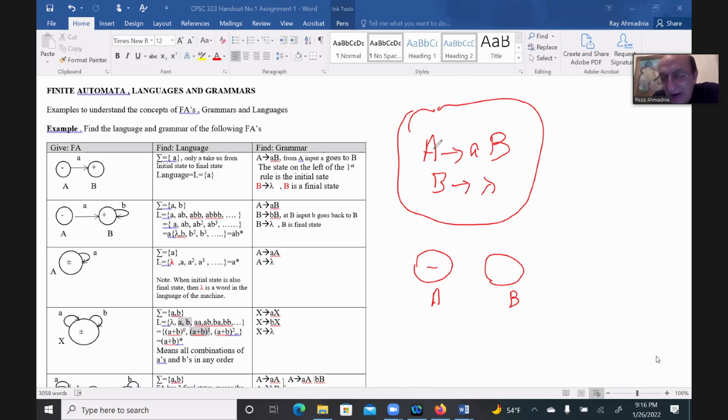This grammar tells you from state A, if input is A, go to state B. And B is the final state. So if I have a grammar, I can go to the machine. If I have the machine, I can find the language and I can find the grammar.